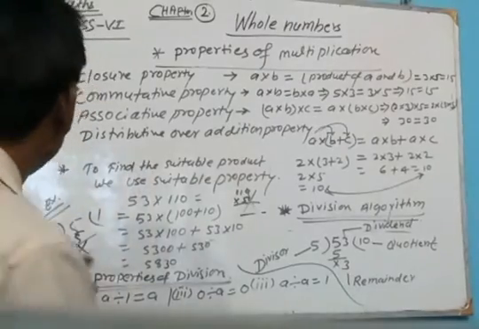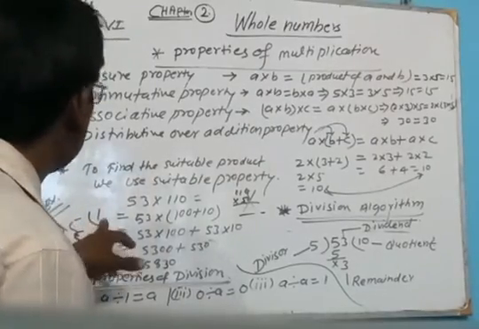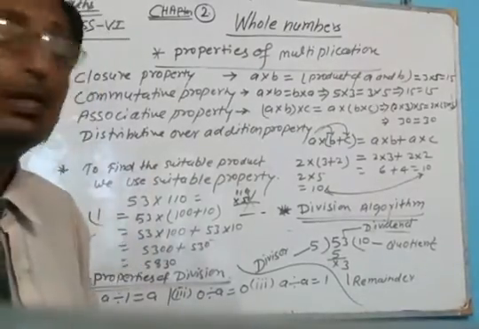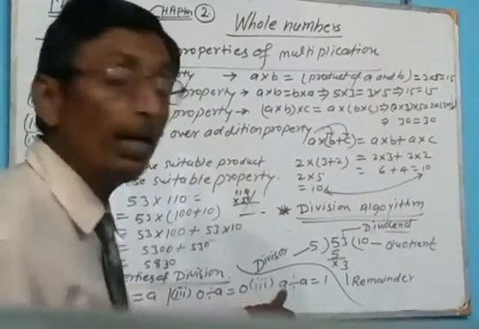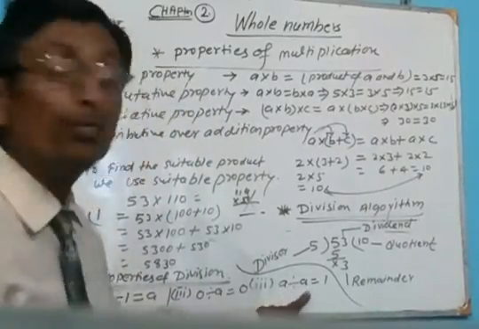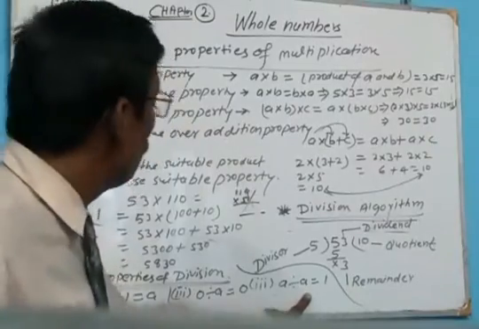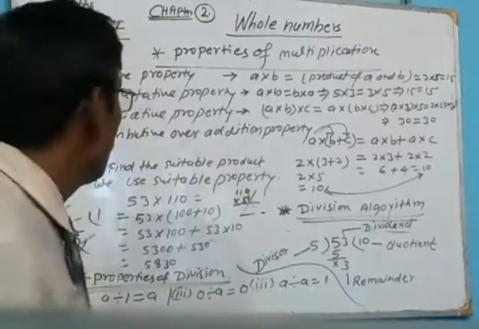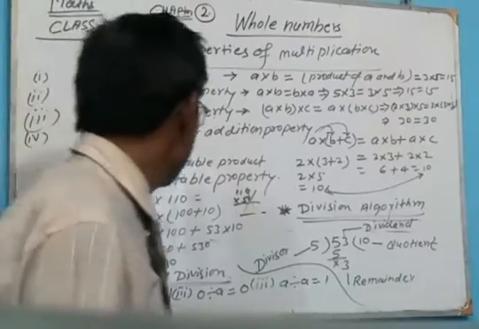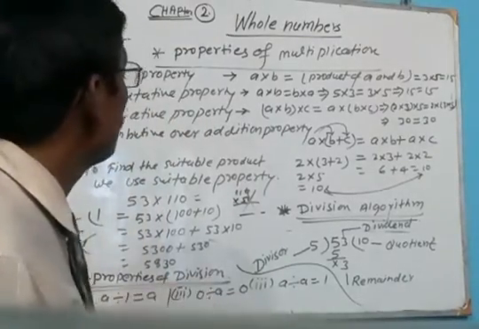It cancels out and we get the quotient 1. So the result will be 1. So this law is like this: when we divide any number by the same number, we get 1 as a result. So it is the property of division.